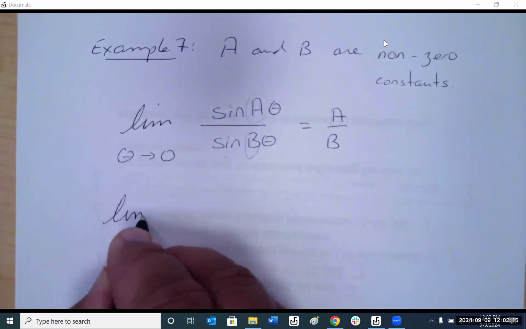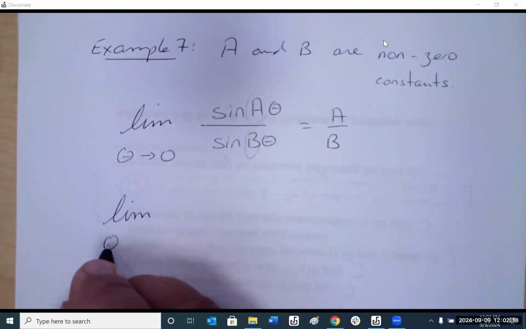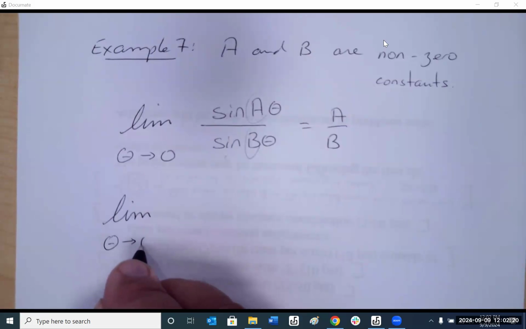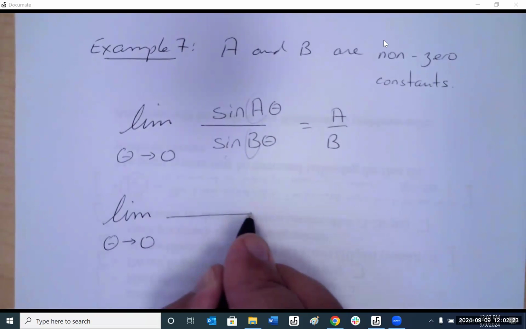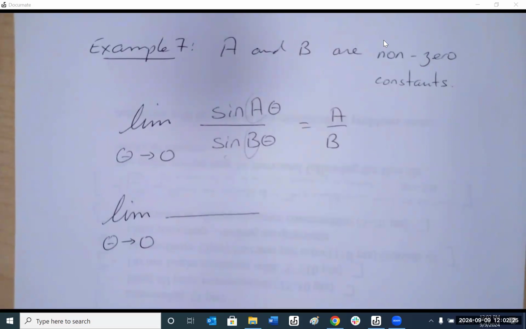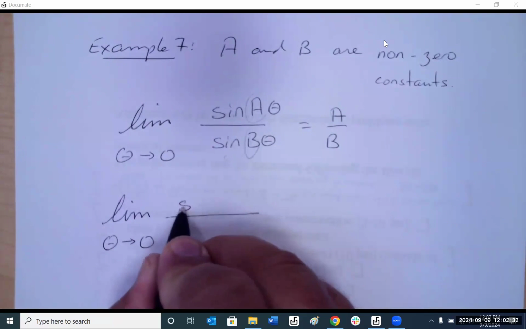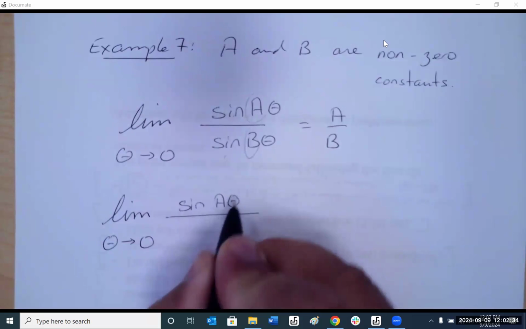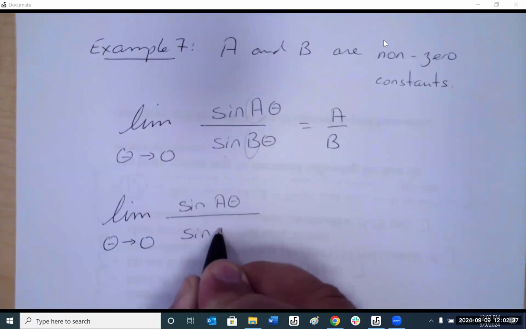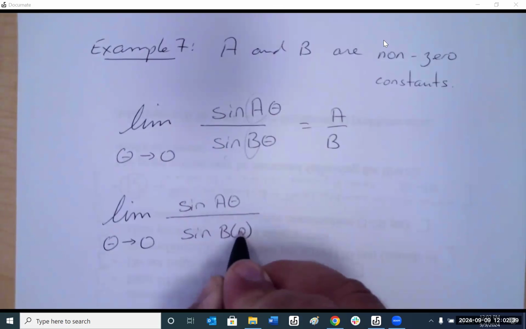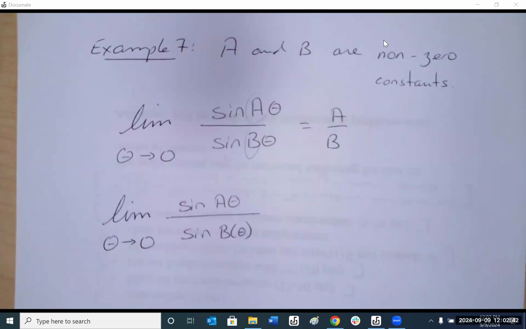So let's look at this. My approach here is I have sine A theta over sine B theta. Unlike the last example, remember we had sine 2t over 5t, where we had to treat them both separately.